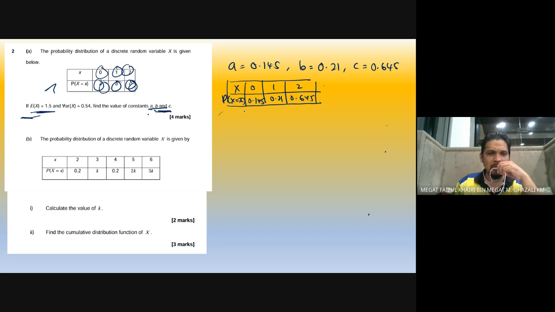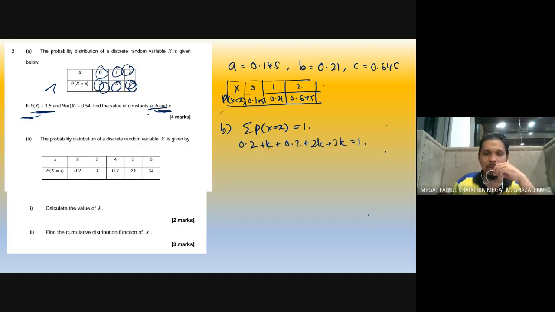Question B, given the probability of discrete random variable x, calculate the value of k. So again, for question B, the summation of all probabilities of x equal to 1. So then 0.2 plus k plus 0.2 plus 2k plus 3k equal to 1.